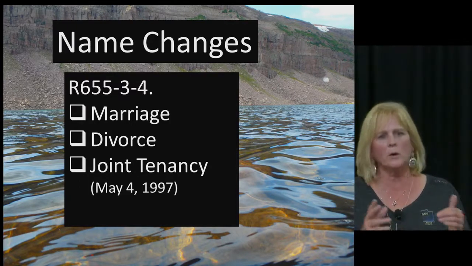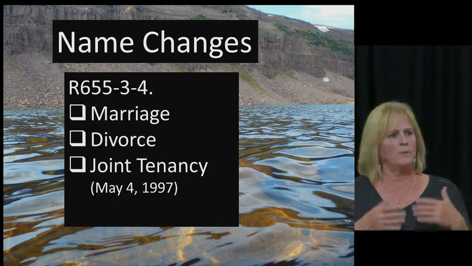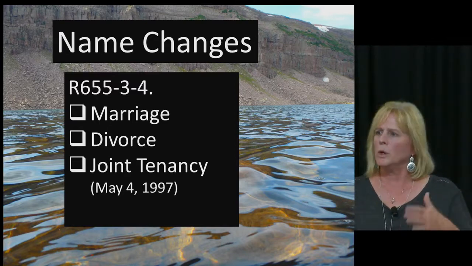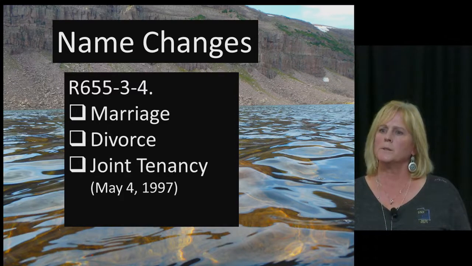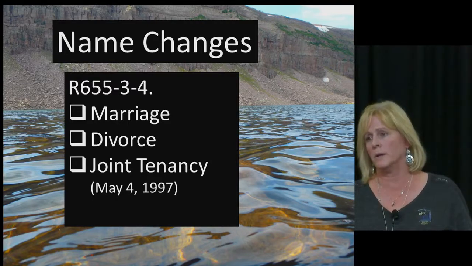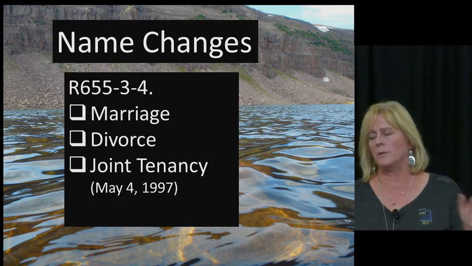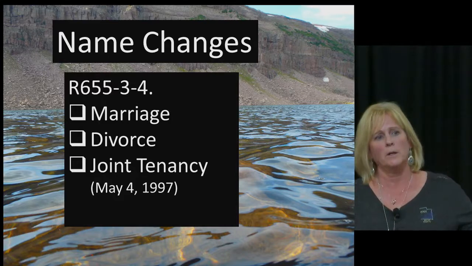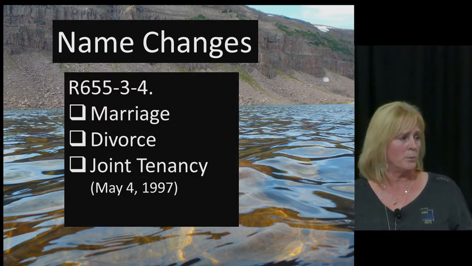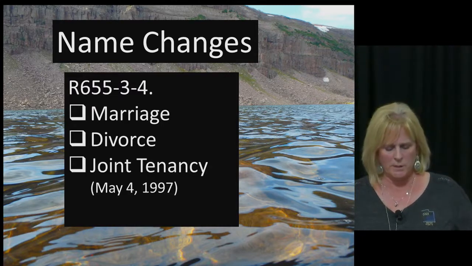They came in, filed the water right, and didn't put joint tenants because they didn't think about it. You will have to submit the previous deed showing us that they were joint tenants on the land. So remember that if it doesn't state it on our file, you might have to submit the deed prior to that showing that they were joint tenants.